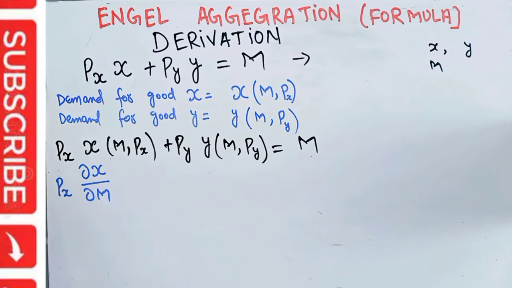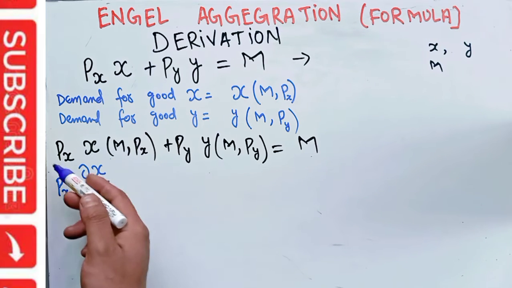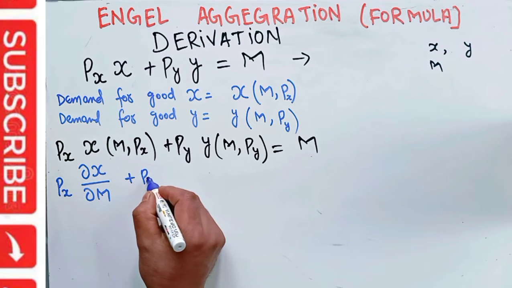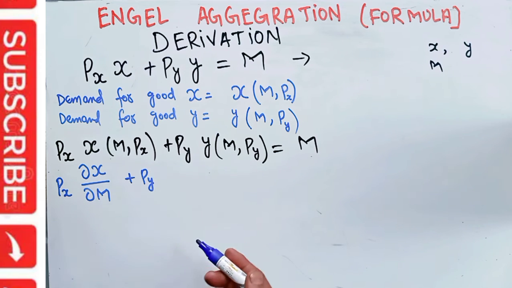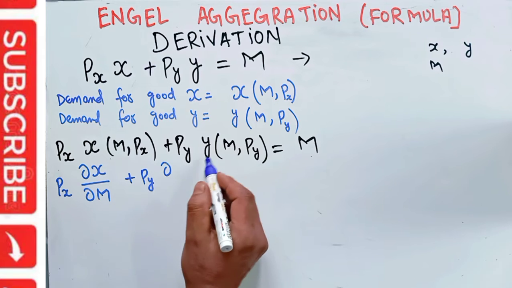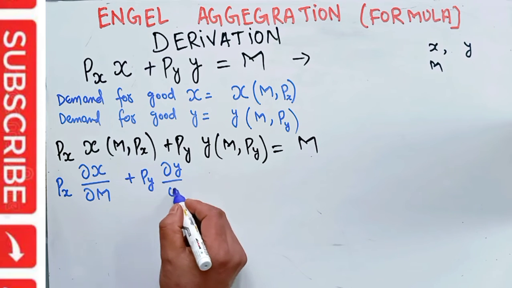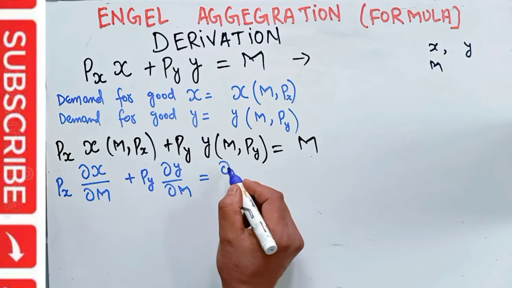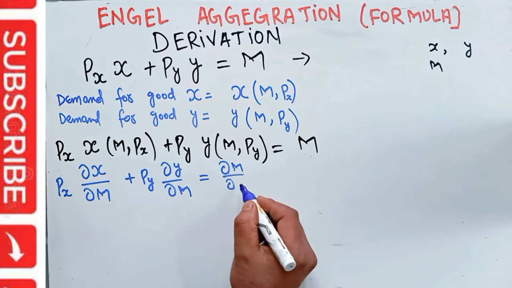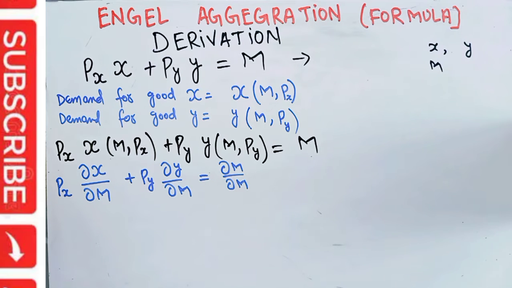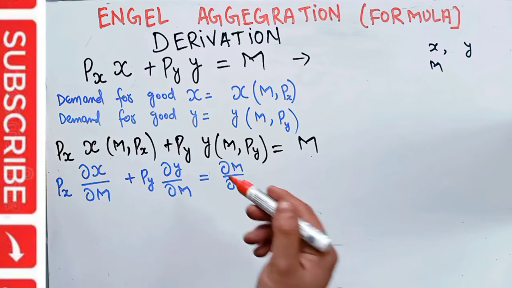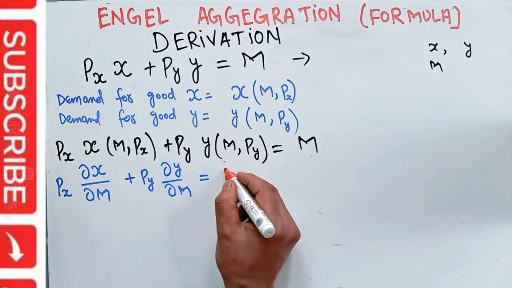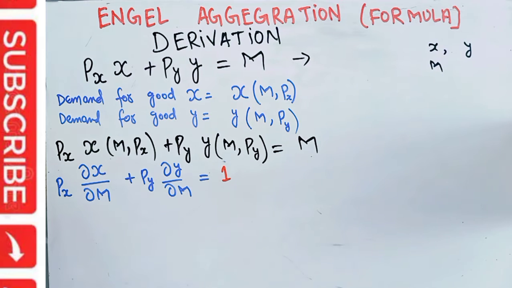Del X upon del M is the partial derivative of the first term with respect to M, plus price of Y will remain as it is, times the derivative of the demand function for Y with respect to income, is equal to the derivative of M with respect to M, which is del M upon del M. Obviously this will be equal to 1. I am just saving one step.